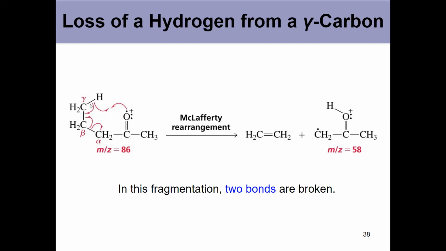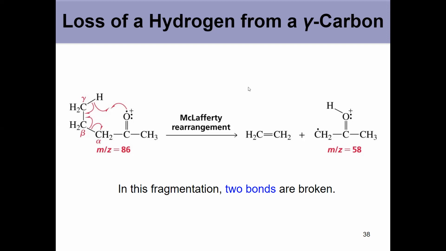And the reason for that is because you have a 6-membered transition state here to undergo the McLafferty rearrangement. And we know that those 6-membered rings are stable. We again break 2 bonds here. And the reason that we undergo a McLafferty rearrangement after the electron bombardment is because it produces a more stable alkene and completes the octet on oxygen, being more electronegative.